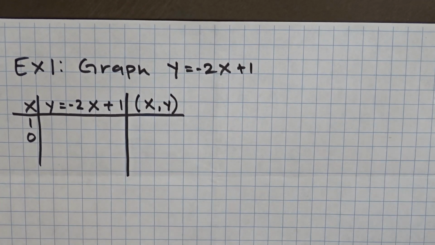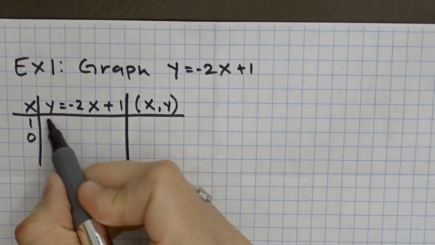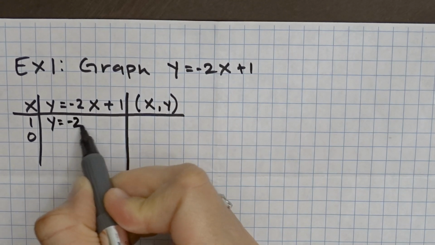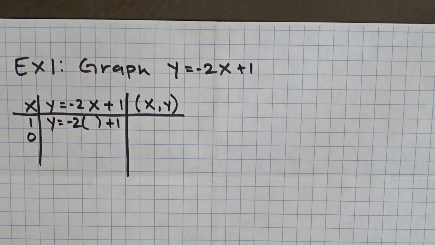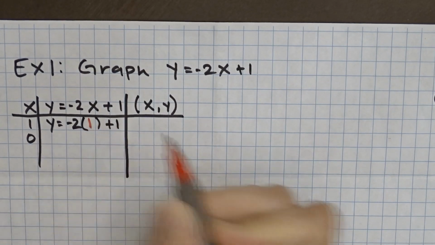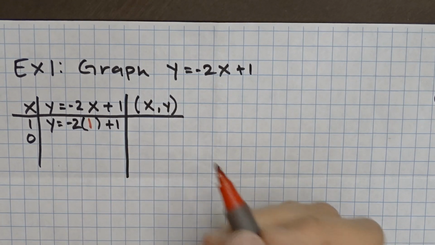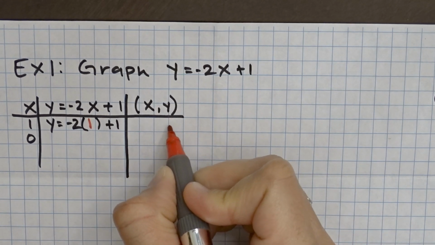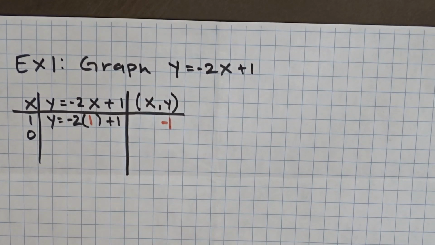So to calculate my first y, I'm going to have y equals negative 2 times the plugged-in value plus 1. For that x value, it's going to be 1. Negative 2 times 1 is negative 2, plus 1 makes negative 1. And that's my y coordinate.